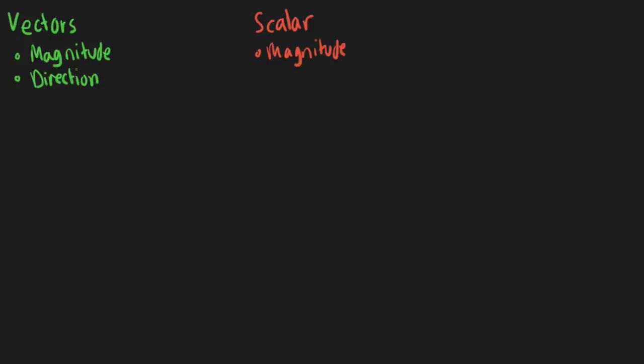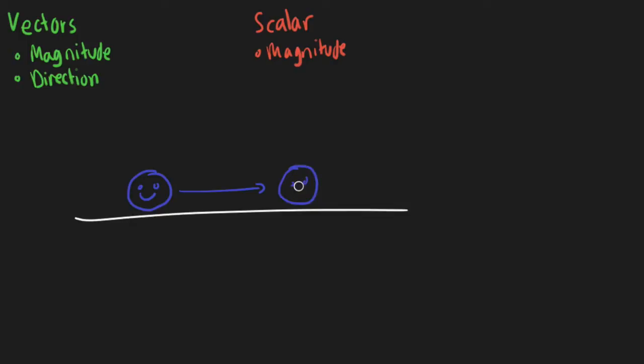Okay, so let's illustrate this with an example. Let's say you are a famous soccer player, Leonardo Messi, and this is your soccer ball. You've got a soccer ball, and you kick it in that direction. It stops about here, and it's sad because you kicked it.